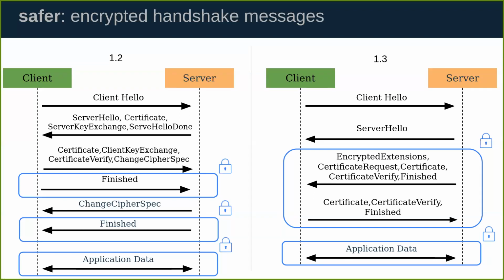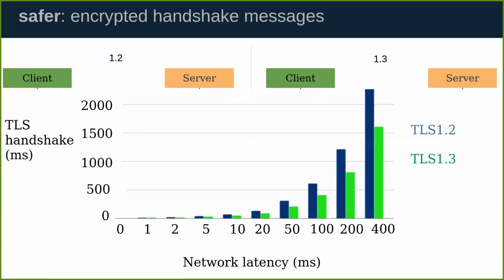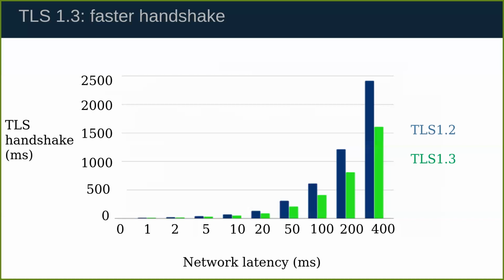Only after that can the peers start transmitting application data. In TLS 1.3, the handshake is shortened to just 1.5 round trips, and this obviously makes it faster because we have fewer messages to wait for, and this translates to a faster handshake time.